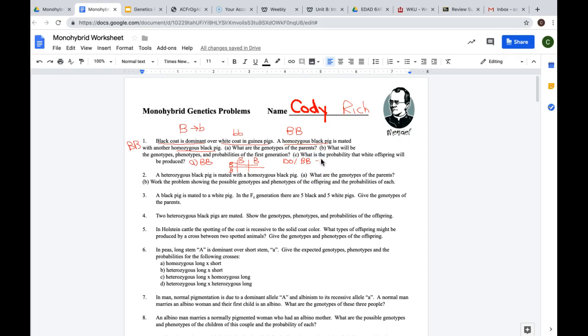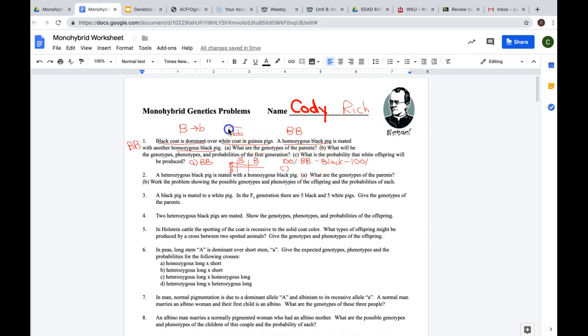Phenotypes would be 100% black. And probabilities of the first generation again would be 100% homozygous dominant for black.